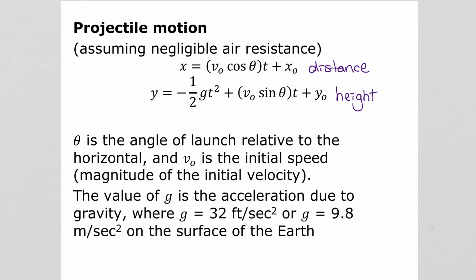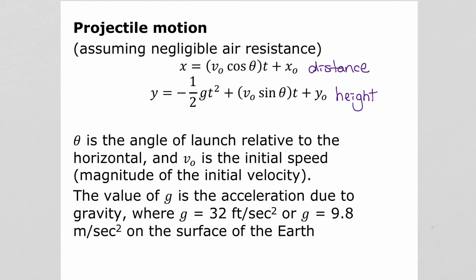You're going to find this on your lab. So x is distance, which makes sense because it's distance as you run from the left to the right, x-axis. And y is the height as you go up the y-axis. In this case, theta is the angle of launch relative to the horizontal. v naught is the initial speed. g is the acceleration due to gravity.